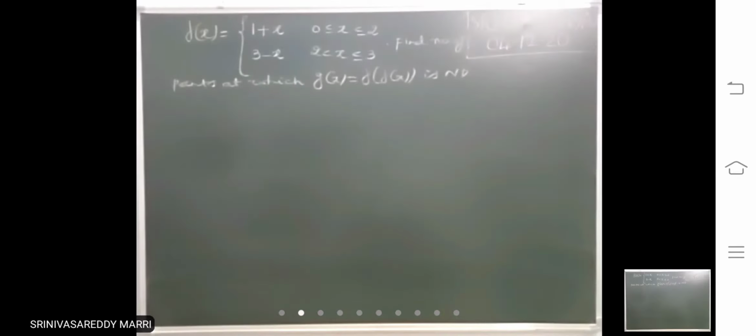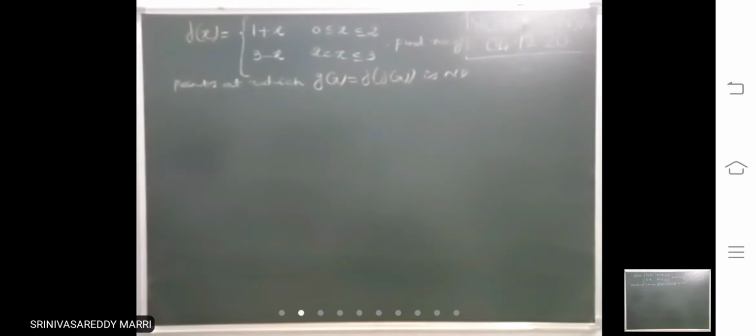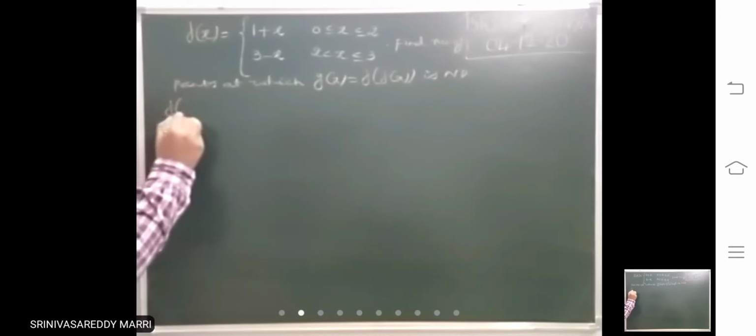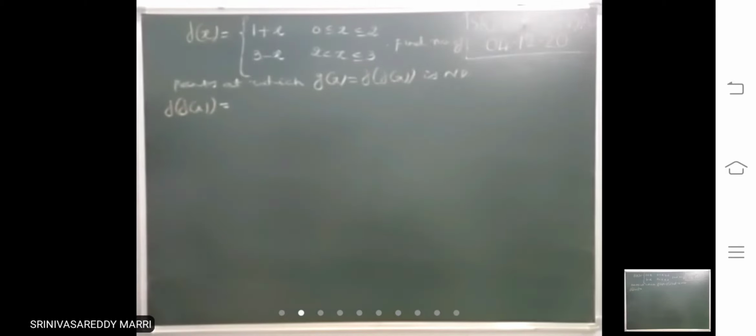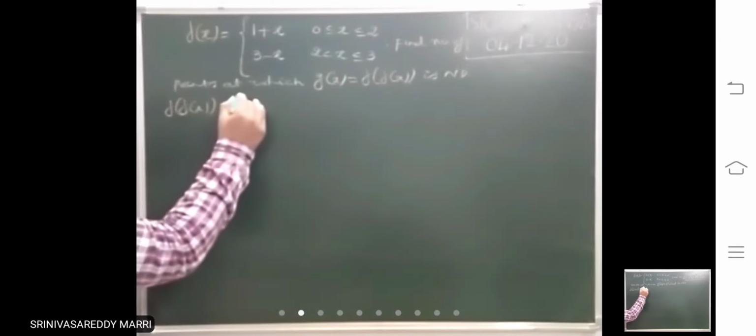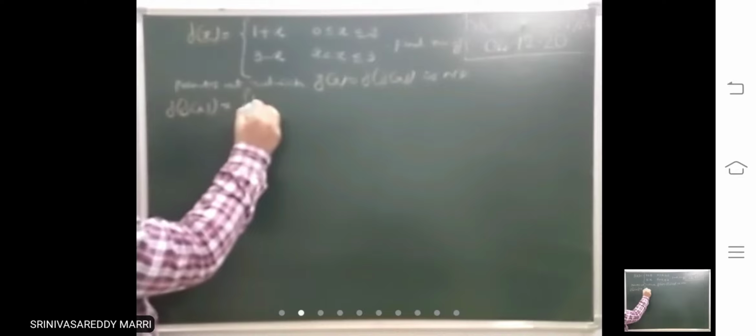This is a composite function. f of f of x, look at how to find this composite function. We will see first. The first step is, in place of x you substitute f of x. Wherever x is there, you substitute f of x.